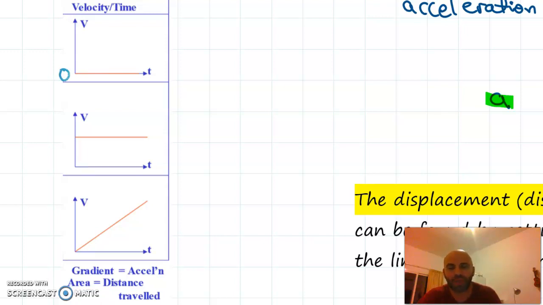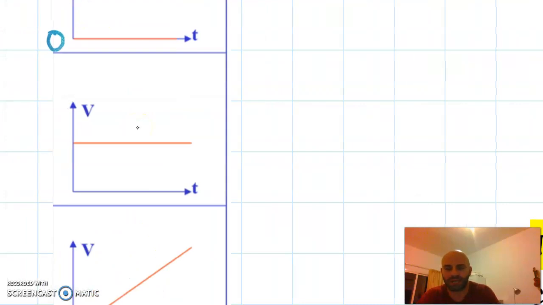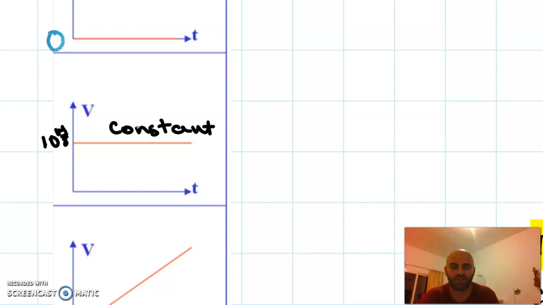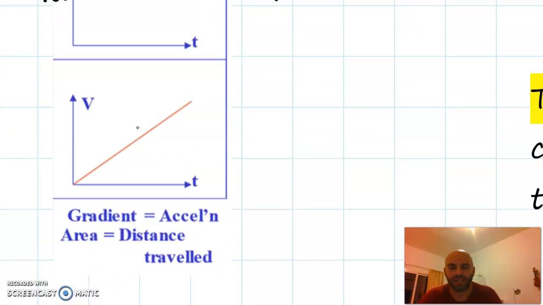Okay. The second thing that it could be is a flat line, but up a little bit like this. So maybe this is 5 or 10 meters per second here. And this would be a constant speed, or a constant velocity. And the last thing that we get is when we've got a sloped line like this, one with a gradient on it, and this one would be acceleration.